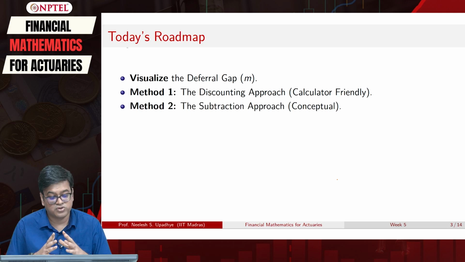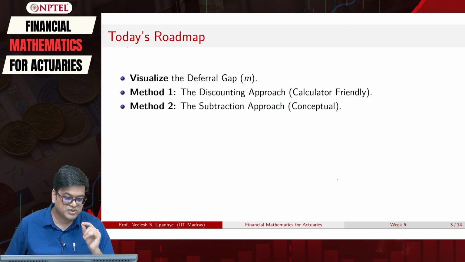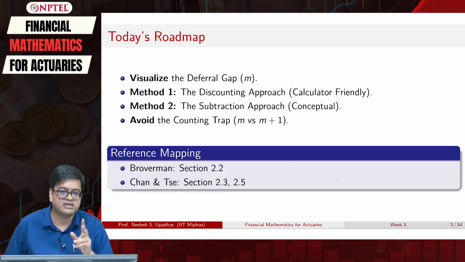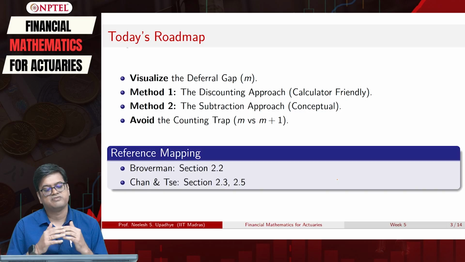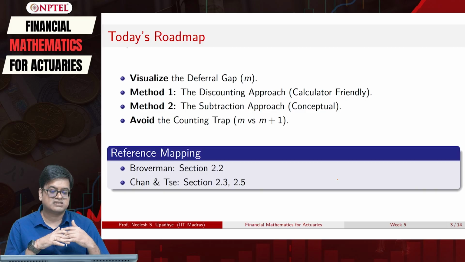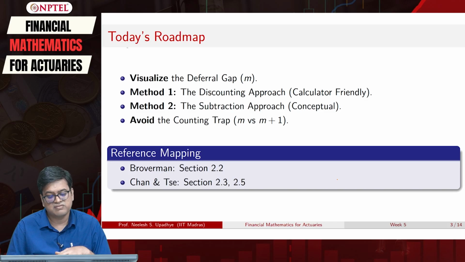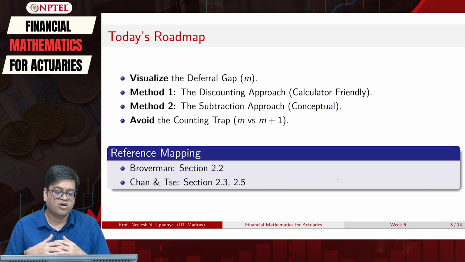You can try both of them, and use whichever suits you. Then we will discuss one actual trap, which is how to handle immediate and due. When we are dealing with immediate, it is M, and when we are dealing with due, it is M plus 1, or vice versa.